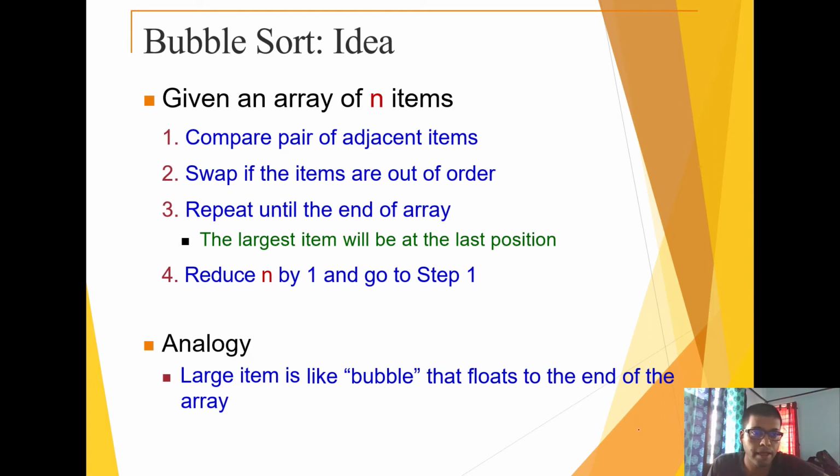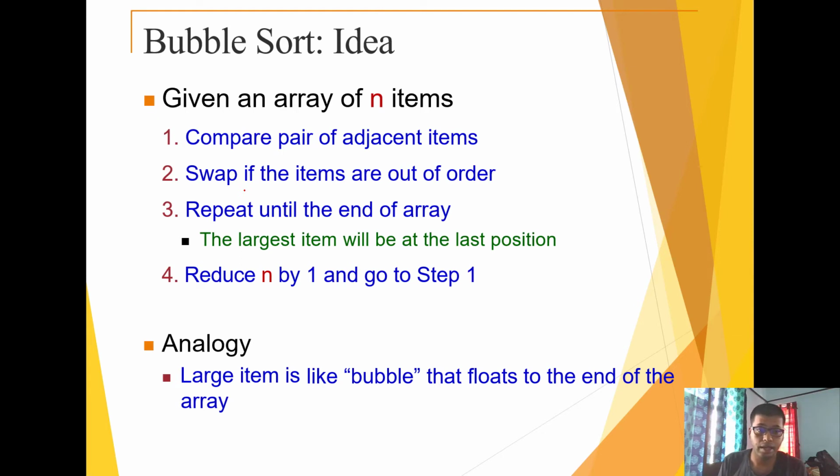Given an array of n items, compare pairs of adjacent items, swap if items are out of order. Repeat until the end of the array. The largest item will be at the last position. So reduce n by 1 and go to step 1.